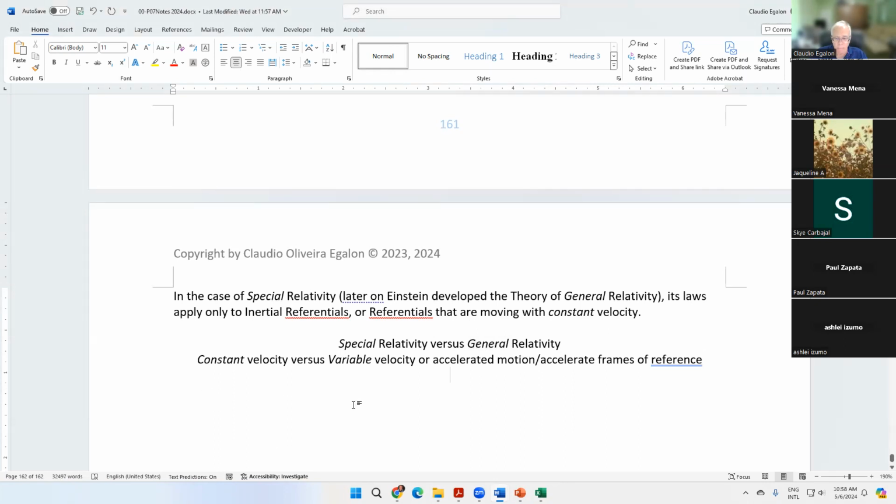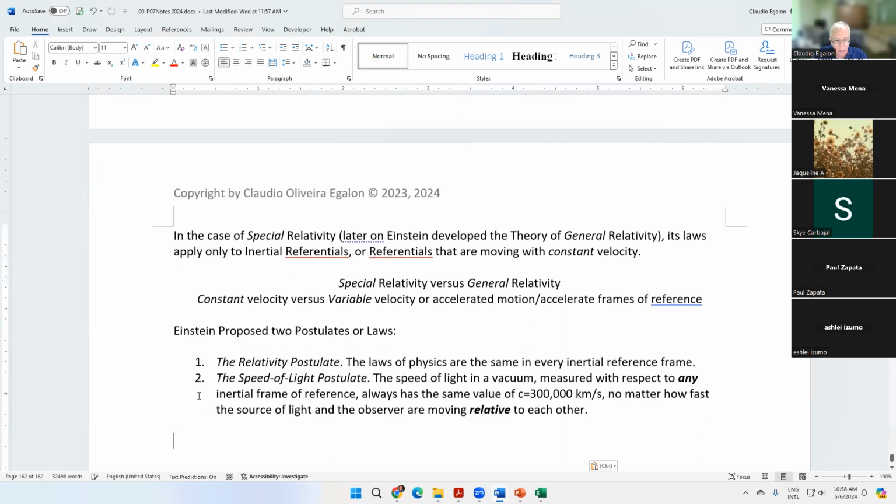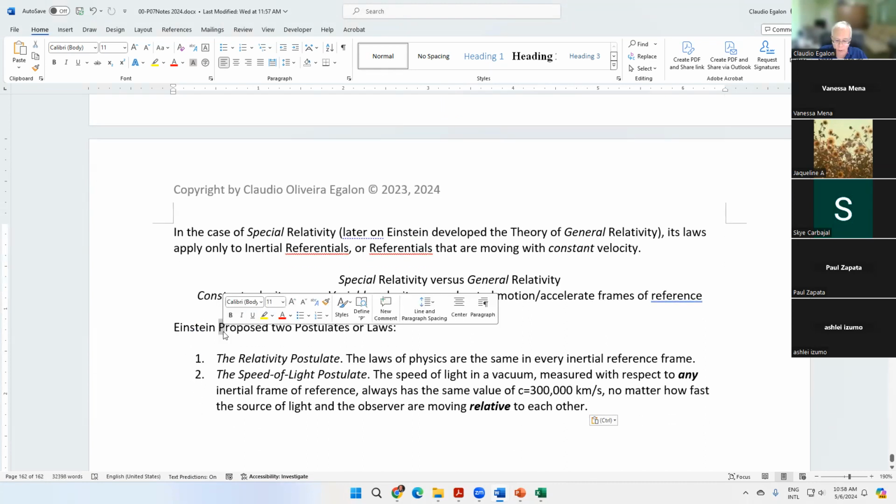So Einstein proposed two postulates, or laws, to explain the universe, for his special theory of relativity.